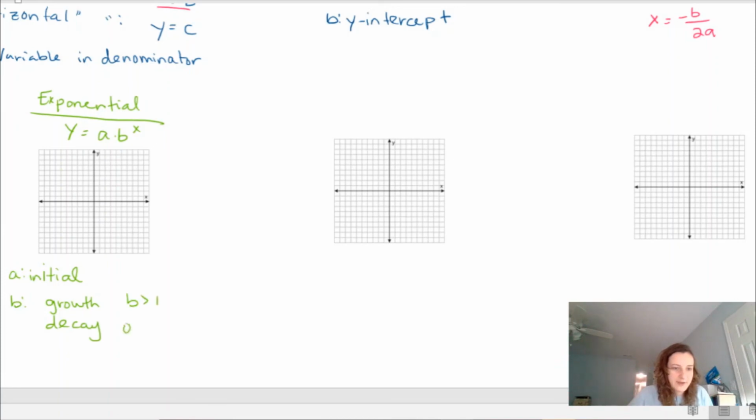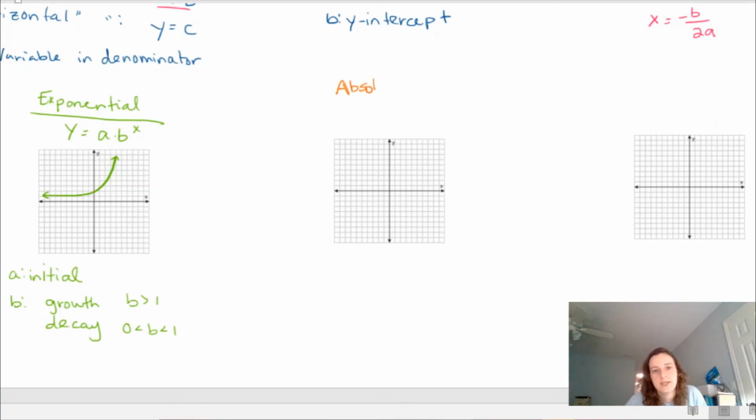And your decay factor is when b is in between 0 and 1. The variable is in the exponent here. An exponential function looks similar to a rational function, but it only has one side, I guess you could call it.